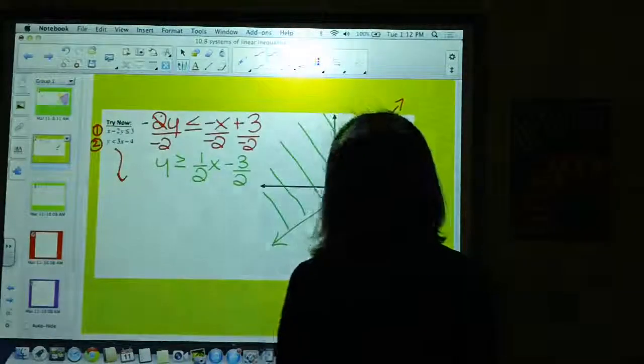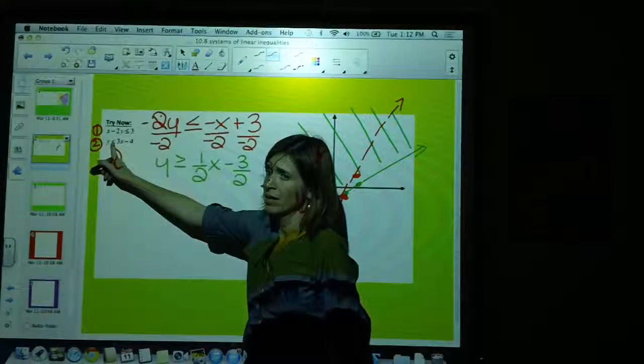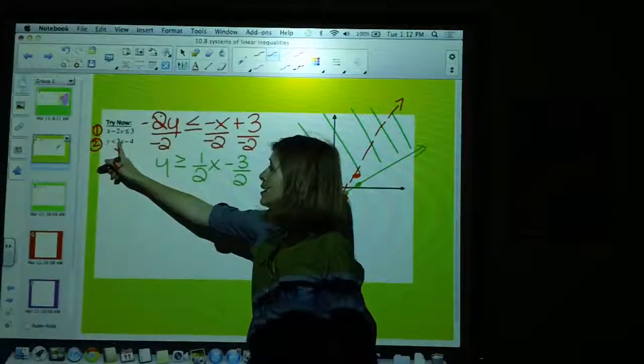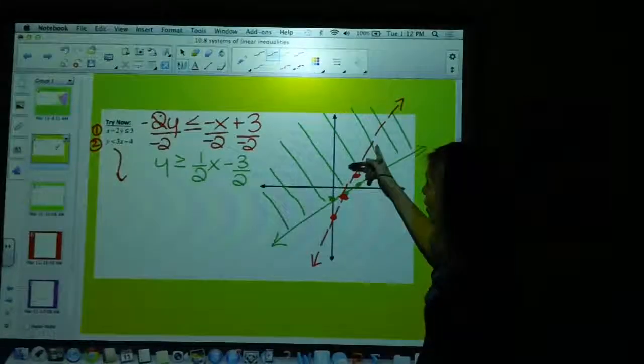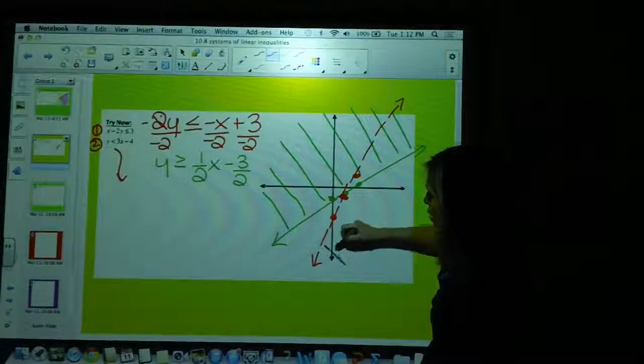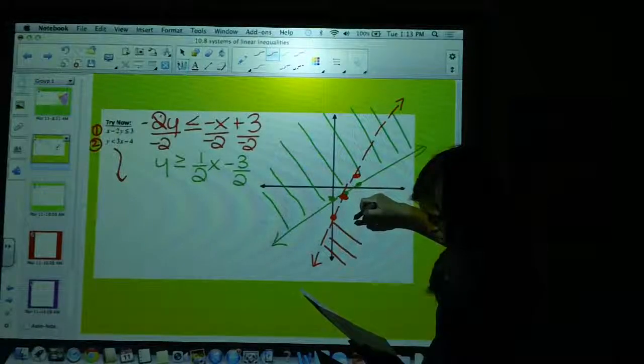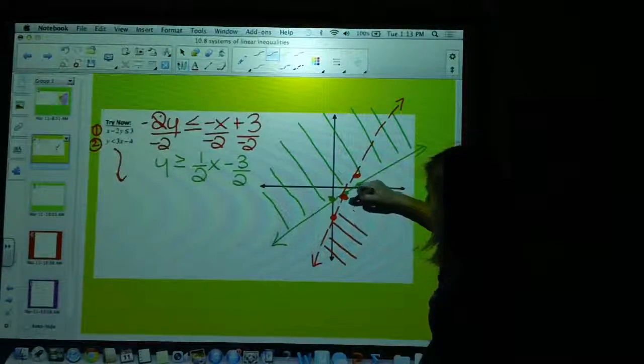This one, I have now y's are less than, aren't they? So y's less than this red line would be below it. What in the world did I do? No, I think it makes sense because it's going to overlap.